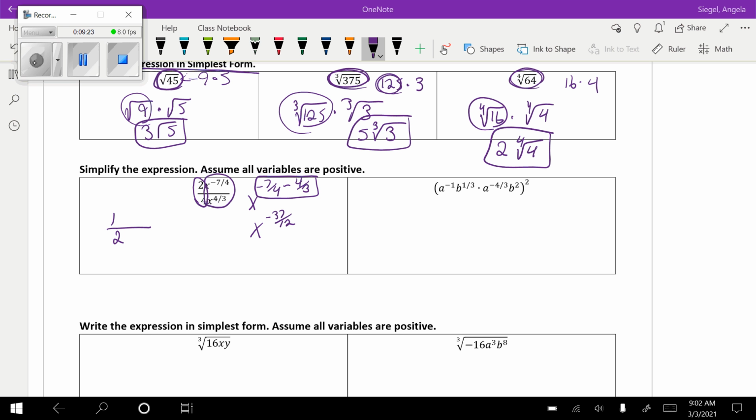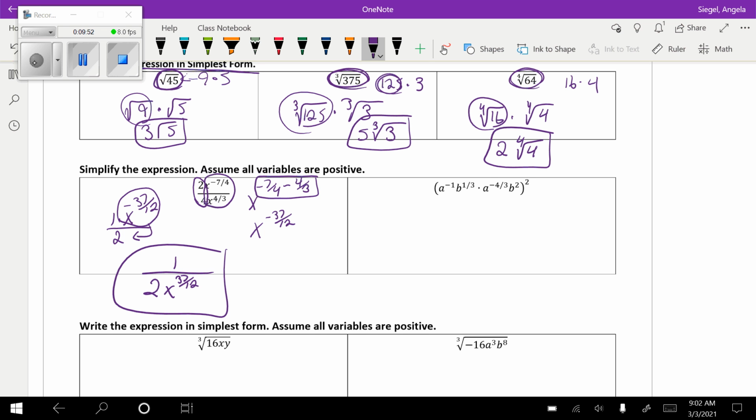So it ends up being negative 37/12. When you subtract, you're always going to keep it on the top and then reevaluate where it needs to go. Because this is a negative, it's going to go down here. So my final answer is 1 over 2x to the 37 over 12 power.